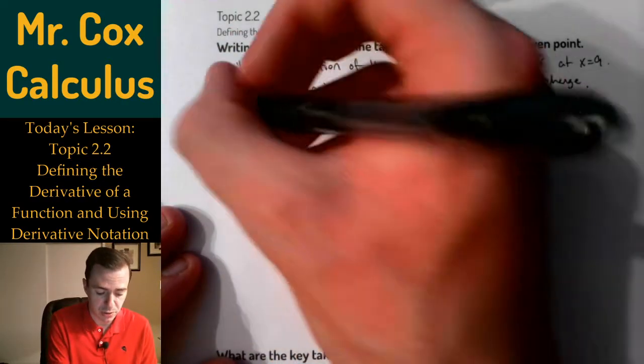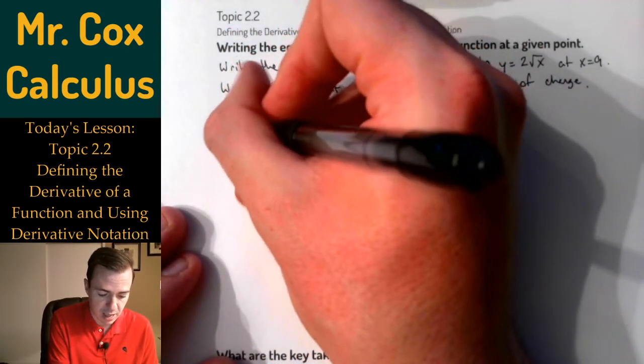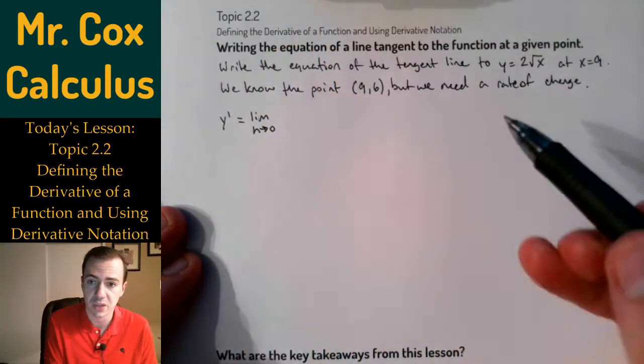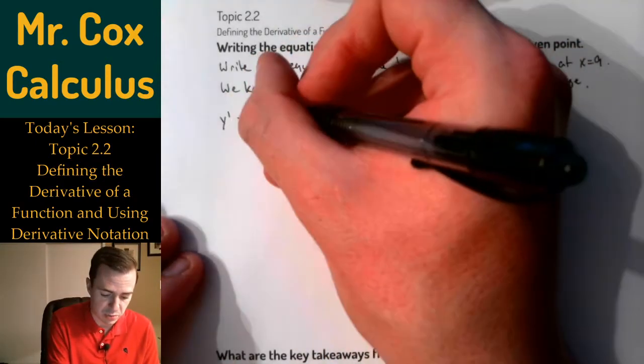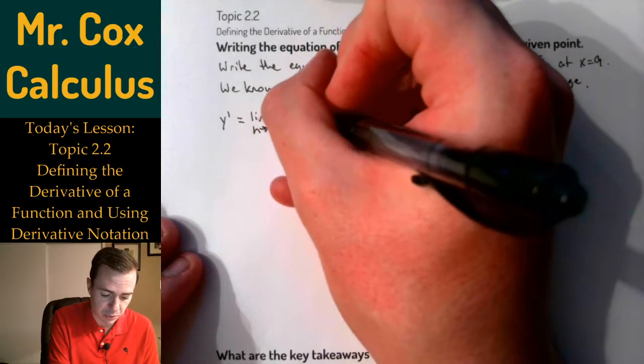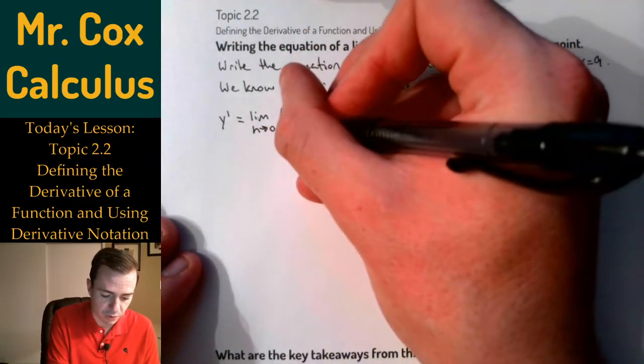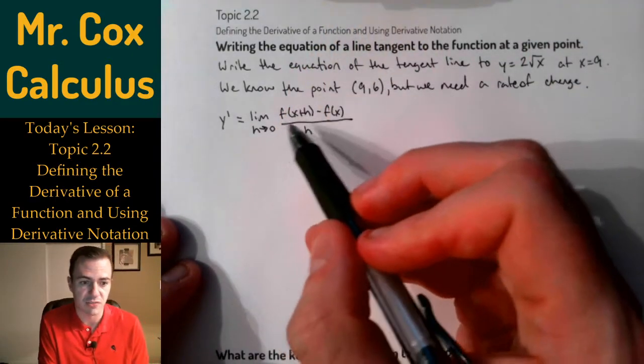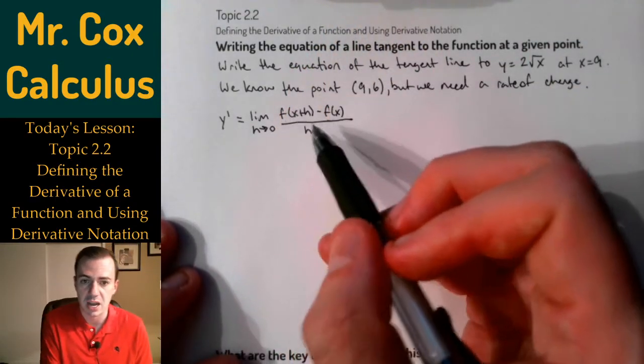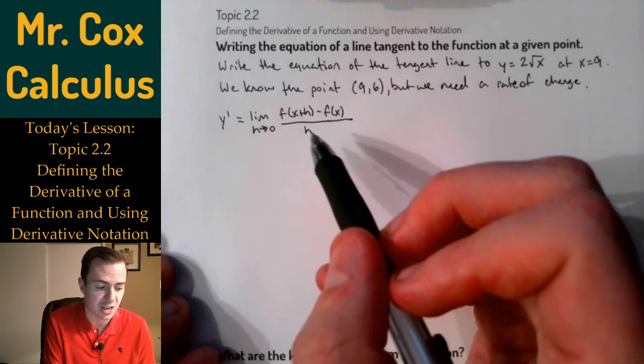And let's build the notation here. It's the limit as h approaches 0 of f of x plus h minus f of x all over h. I kind of introduced the function notation here, but I'm using it interchangeably.